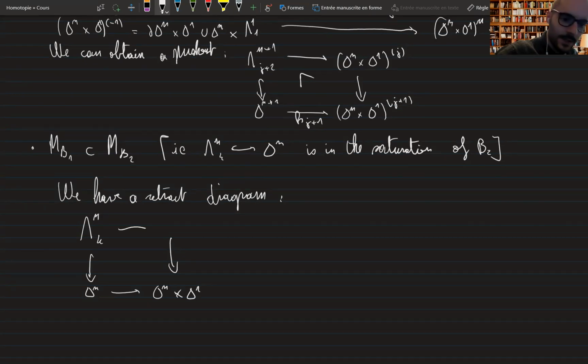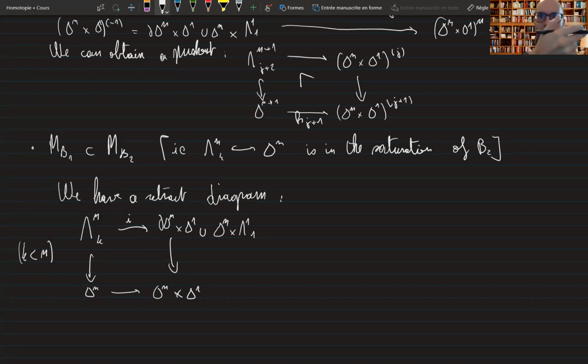So this is included inside lambda n k cross delta 1 union delta n cross, sorry. Here it should be the boundary. Cross lambda 1, 1. So this is for k less than n. If k is equal to n, you have a similar picture, but I'm not going to do it.